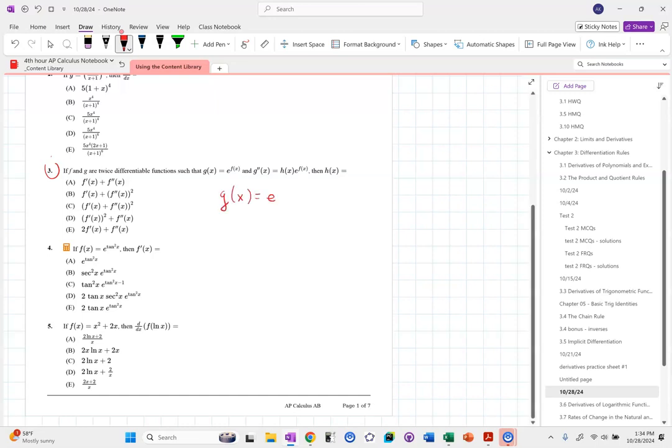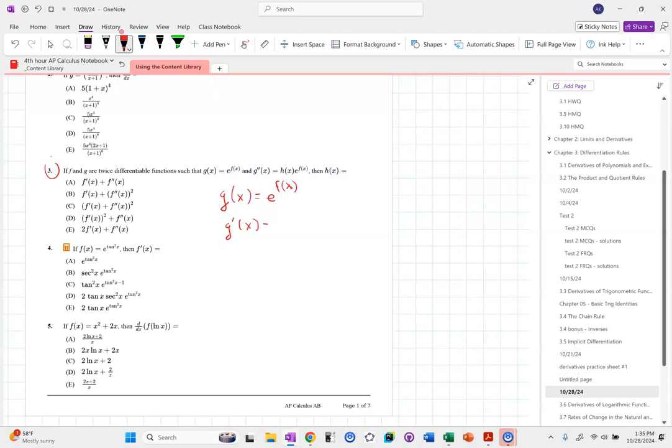So let's just start by taking the derivative of g. We'll do that 2 times and see what we get. If I take the derivative of e to the f of x, I need to use a chain rule because I see one function composed inside of another function.